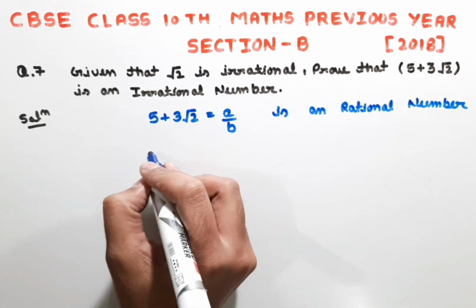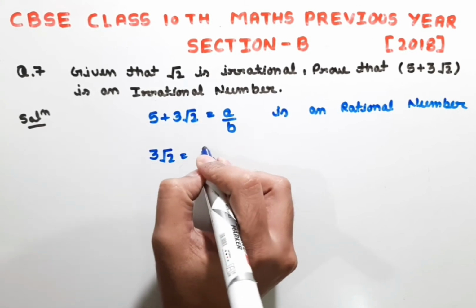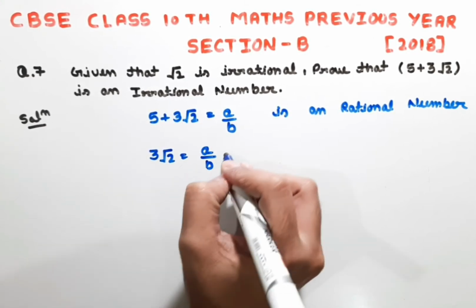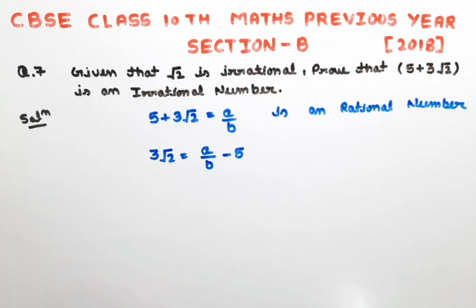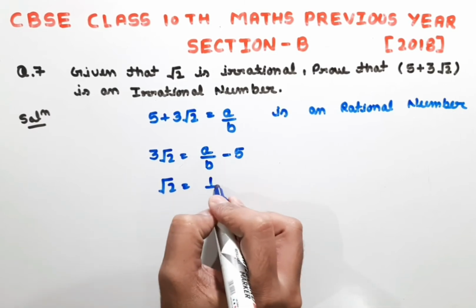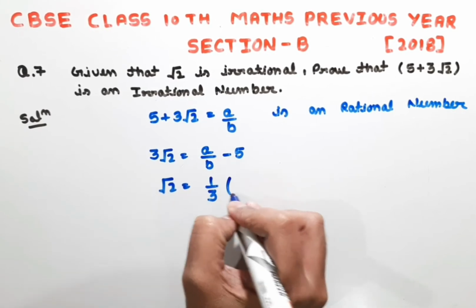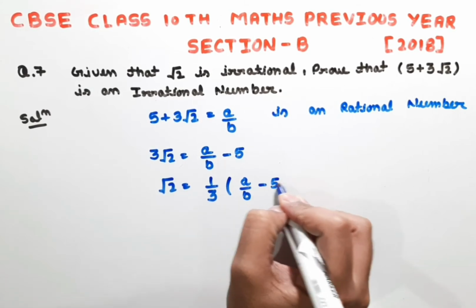From here, 3 root 2 will be equal to a upon b minus 5. So, root 2 will be equal to 1 upon 3 times a upon b minus 5.